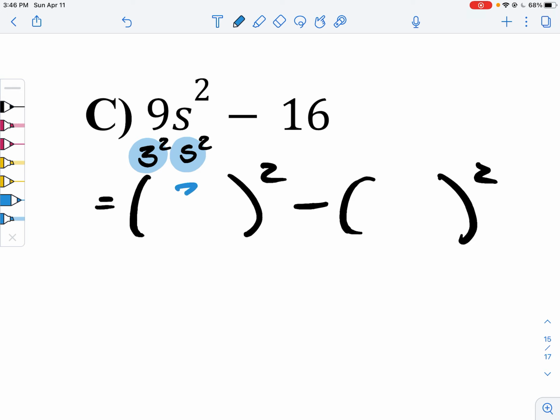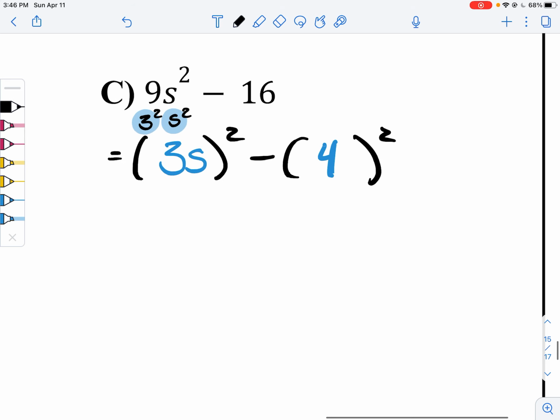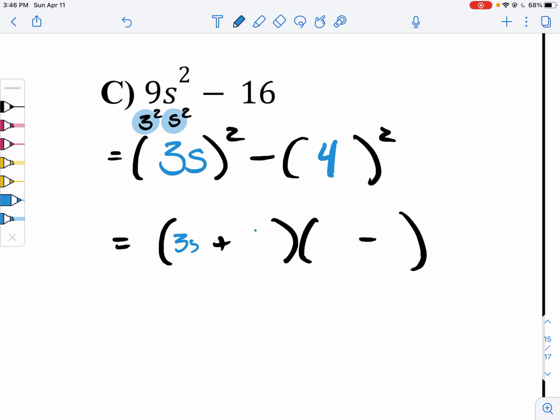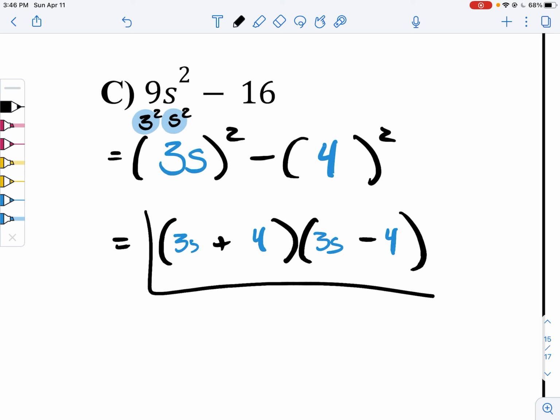So that is 3s quantity squared minus 4 squared. So to fit into our perfect square pattern, that's plus minus. And we are all set. Cool, huh?